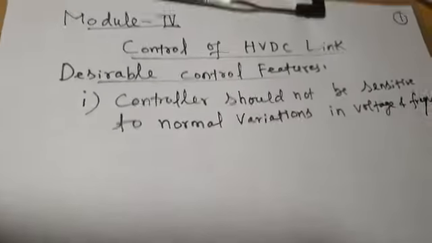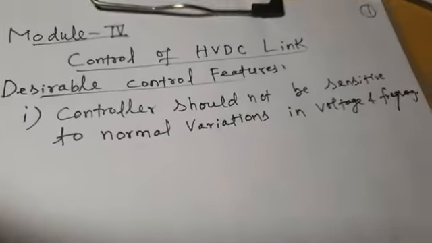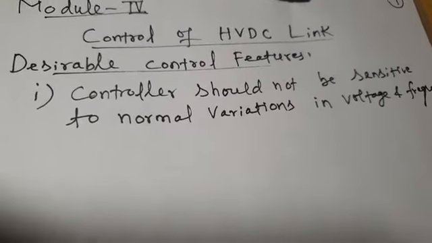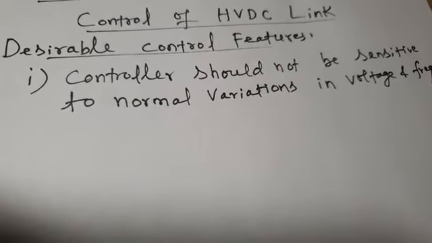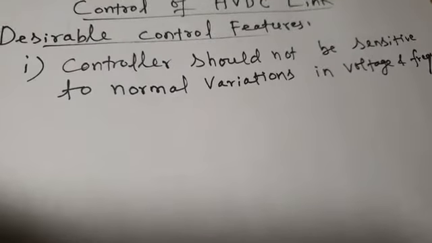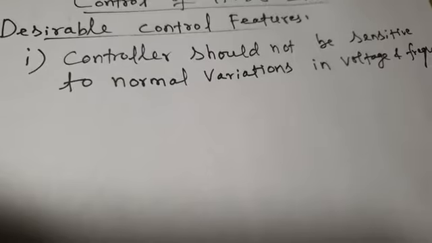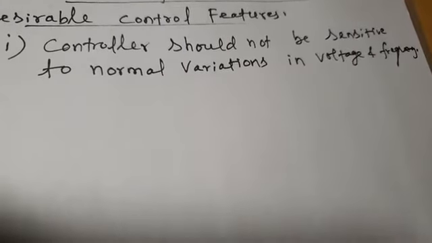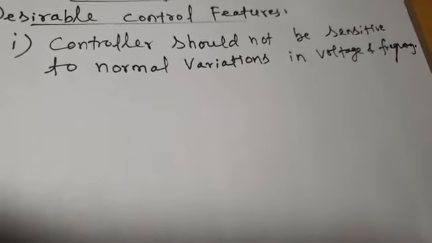You know, our system never has absolutely constant voltage. There are always voltage variations depending upon the load on the system, or there may be other causes of small voltage variations. Similarly, there may always be frequency variations within, of course, permissible limits.